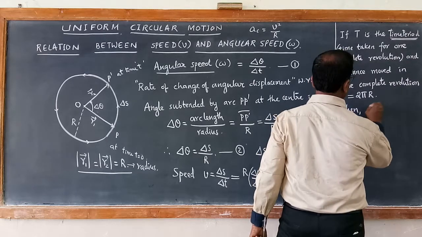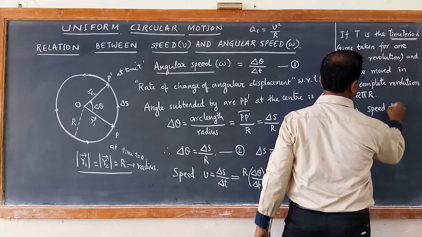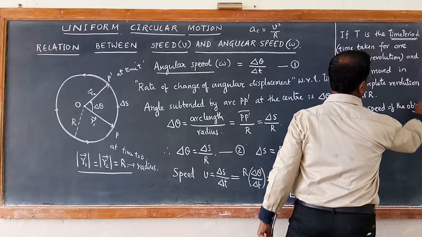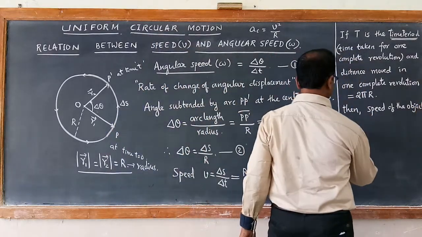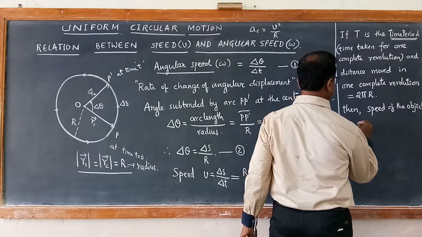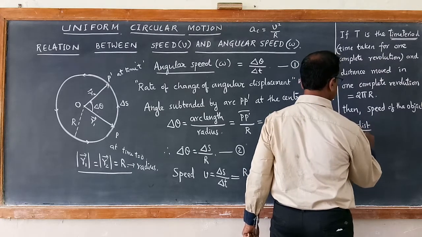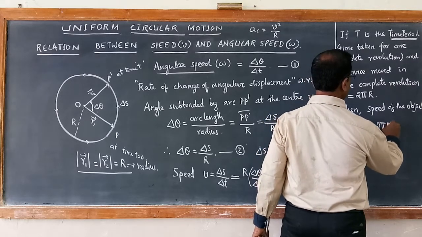Then speed of the object v equal to total distance divided by time taken. Total distance is 2 pi r.